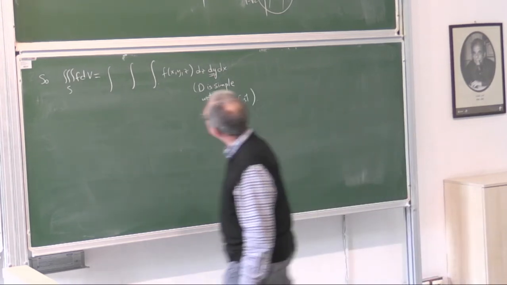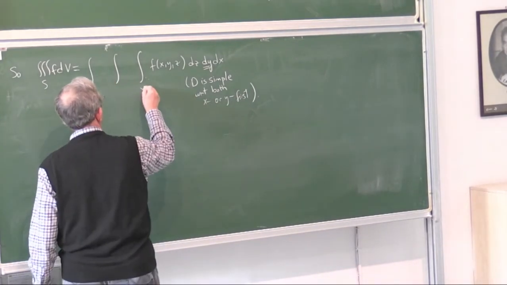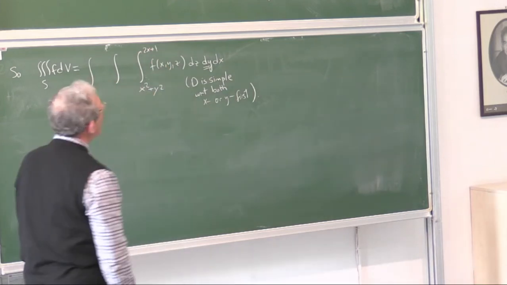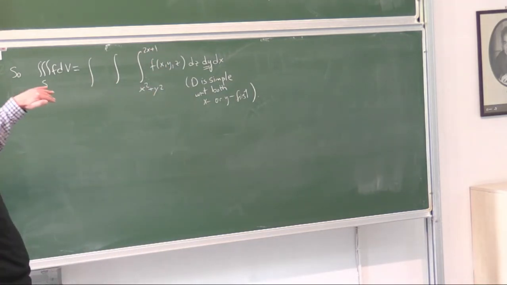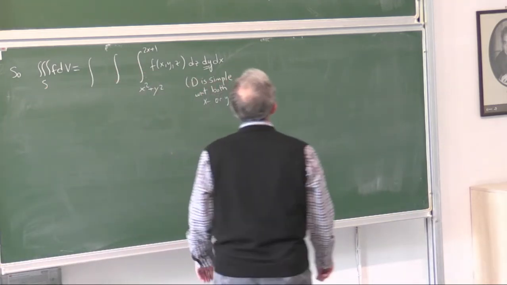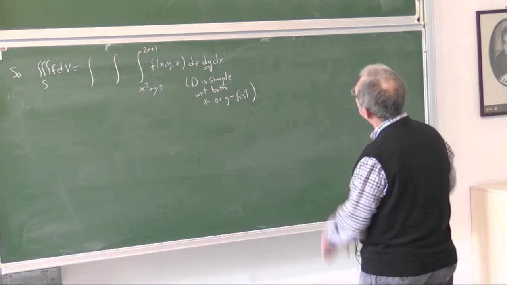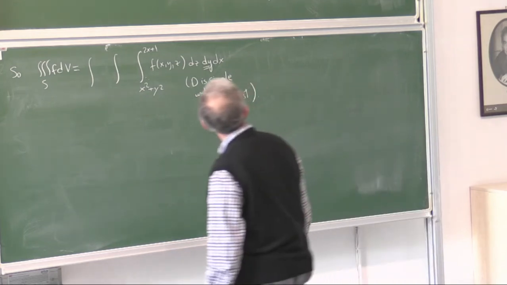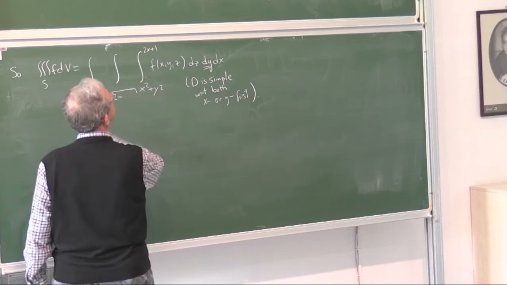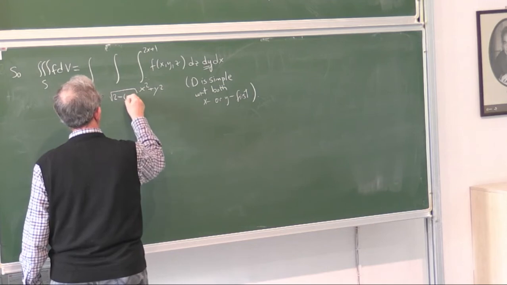Well, firstly, z changes from the paraboloid up to the plane. And now y changes from the lower circle up to the upper one. The upper and lower, of course, means that you solve for y, and y would be square root of 2 minus (x minus 1) squared.